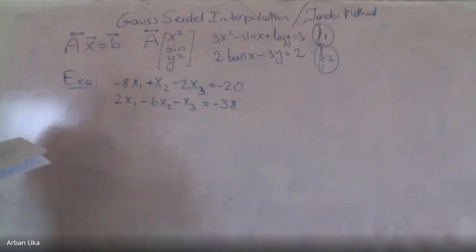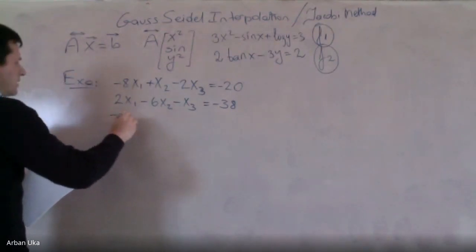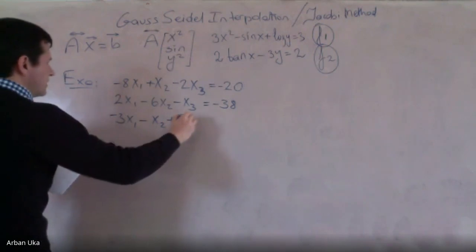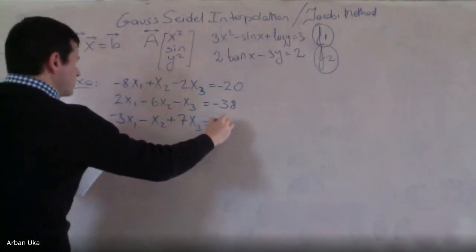So this is the second equation. Then we get minus 3x1 minus x2 plus 7x3 is equal to minus 34.